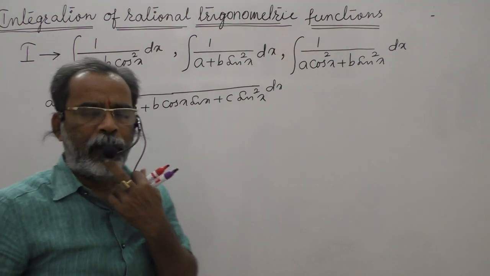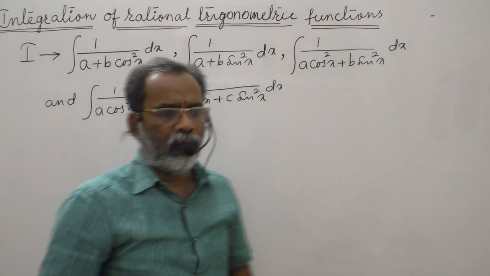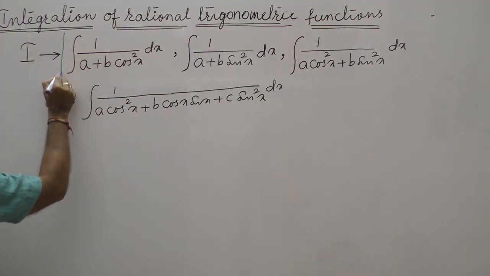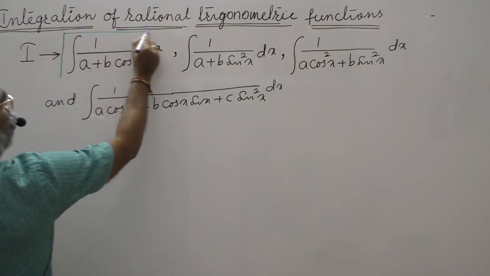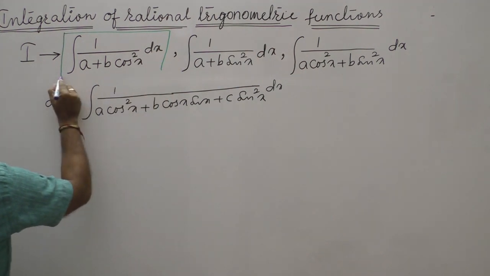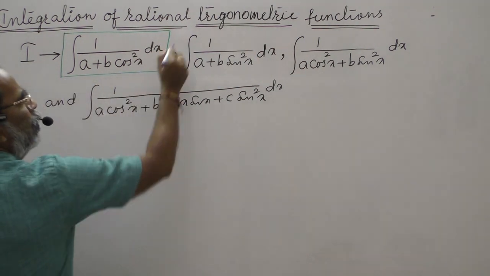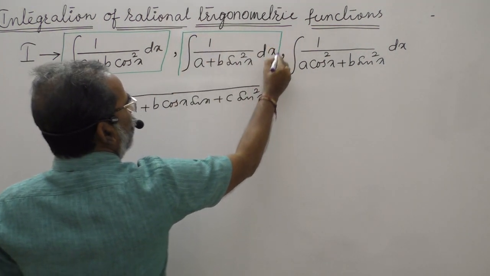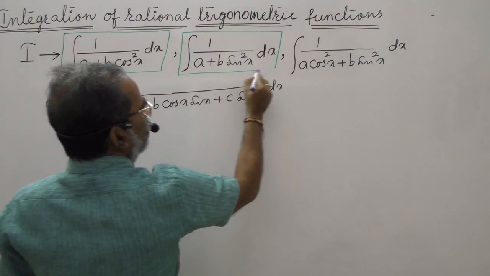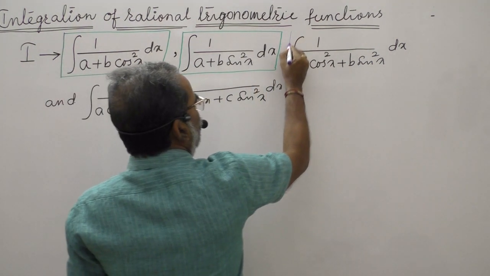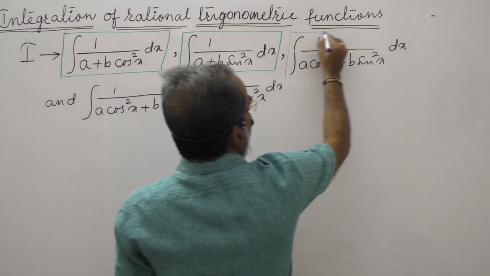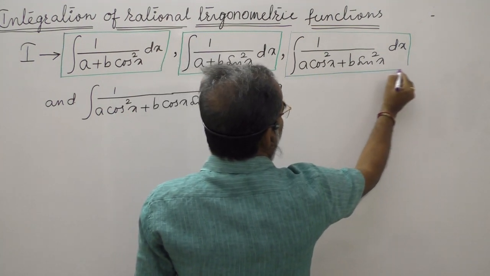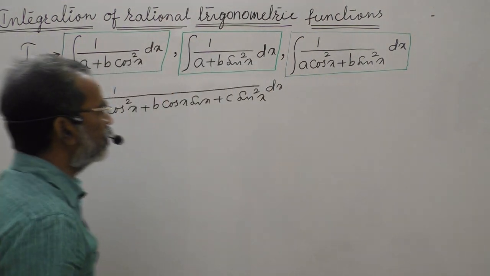These four come in the first type. What are those? Integrals of the type 1 by a plus b cos square x. Second one, integral 1 by a plus b sin square x. Third one, integral 1 by a cos square x plus b sin square x.